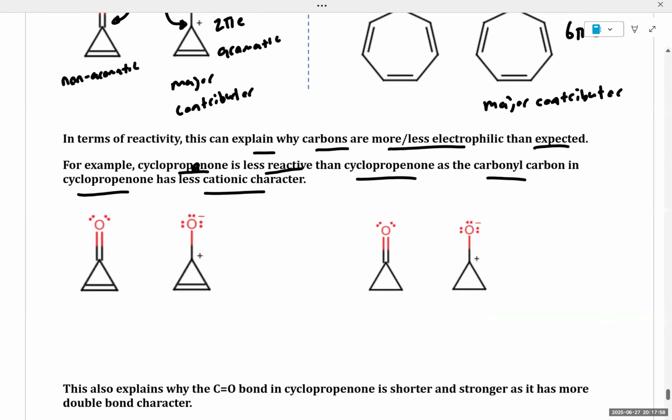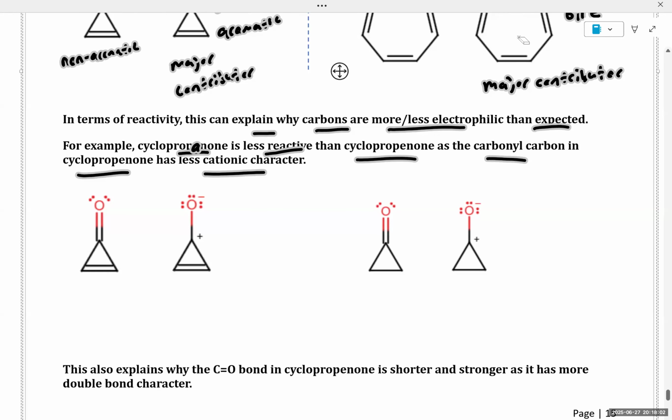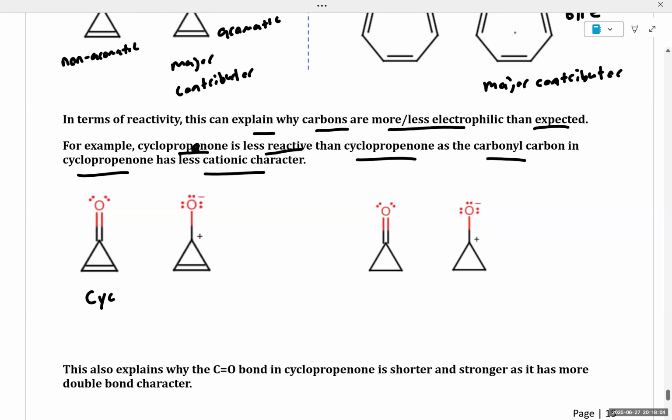So let's take a look at what's happening here. Here, if we look at this contributor, this is cyclopropenone with the alkene. And if we compare to cyclopropanone, the main difference is if we look at this contributor, this resonance contributor is aromatic.